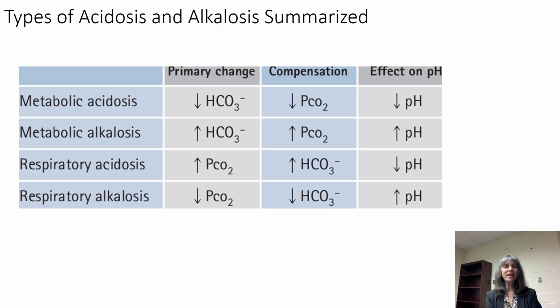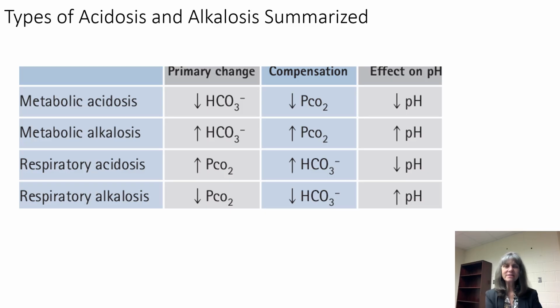With respiratory acidosis, the primary change is going to be an increase in carbon dioxide. Remember, carbon dioxide is acidic, so if there's an increase in carbon dioxide because there's not enough being blown off, there's hypoventilation, then that's going to cause blood pH to decrease. We see that on the far right.